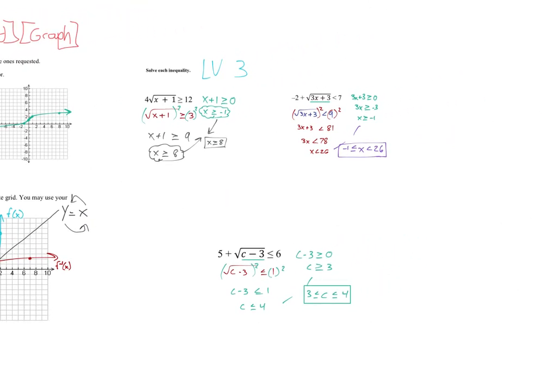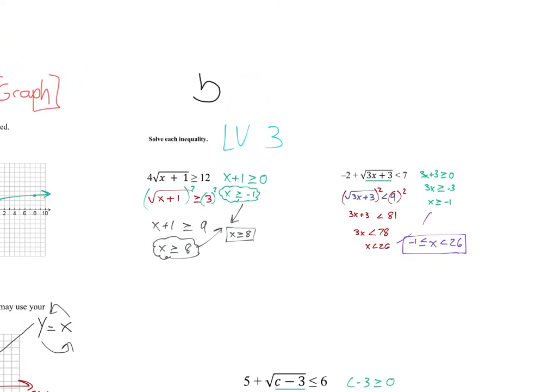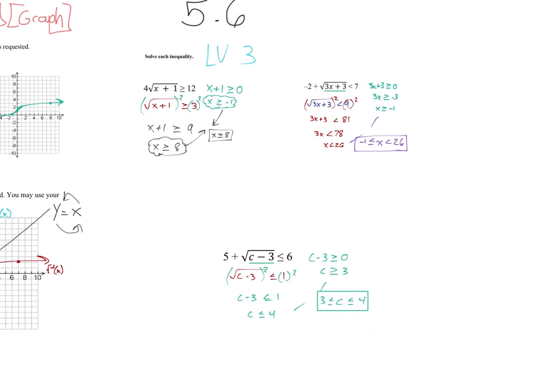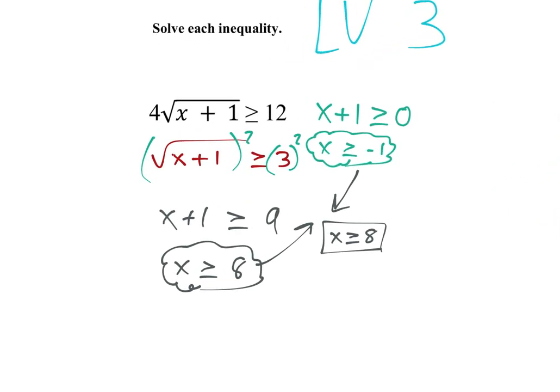For the level 3s, this is an extension of 5.6, solving radical equations, where we had to do them as inequalities. The first step on solving these guys as inequalities was to go through and just solve it like normal. So isolate the square root and square both sides and solve for that inequality.